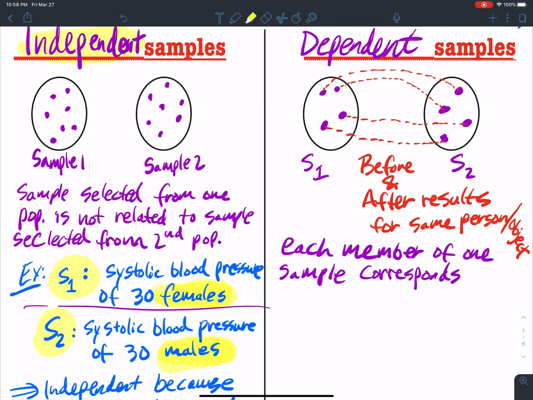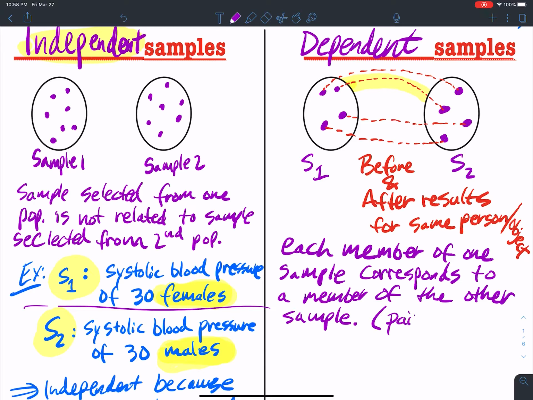I can map from here exactly over to there. This is known as paired. Important word there for you. You might see that in the future. Or matched data sample. Okay.